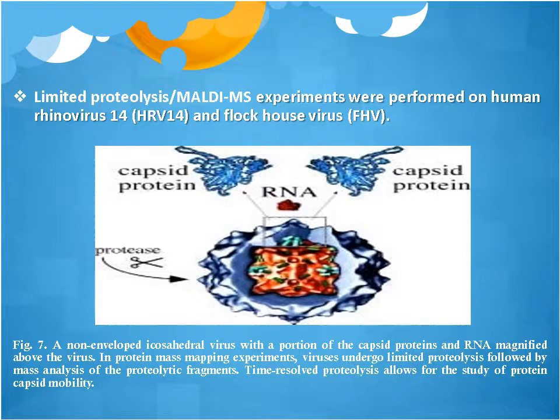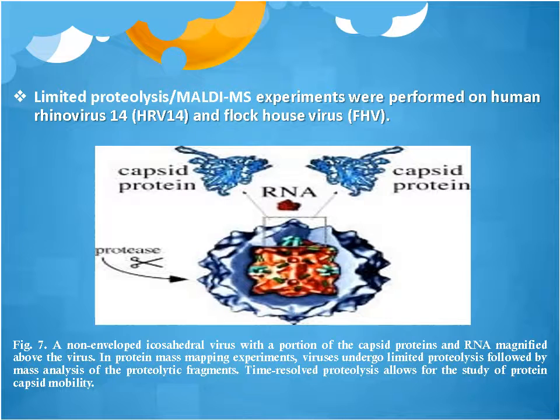Limited proteolysis MALDI-MS experiments were performed on human rhinovirus 14, which is abbreviated as HRV14, and flockhouse virus, which is abbreviated as FHV. HRV14 is a causative agent of the common cold, and it is a member of a family of animal viruses called the picornaviruses.